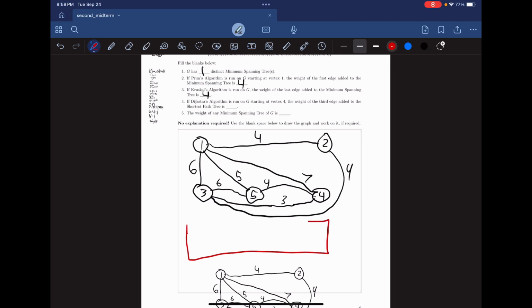Essentially what Dijkstra's algorithm does is it creates a table with one value for each of the vertices in the graph, 1 through 5.